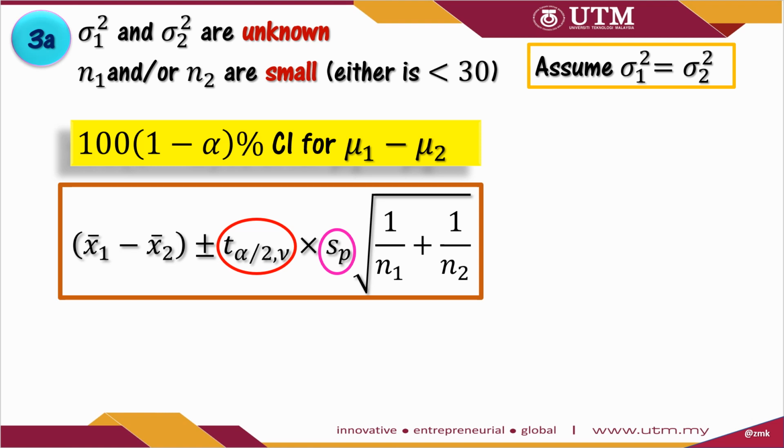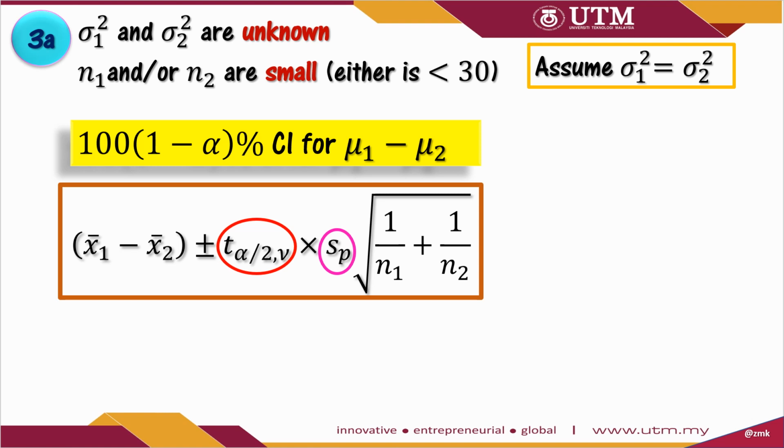As we know, we changed the z-score to the t-score because first, the population variances are unknown, and second, the sample sizes are small. Now, how do we have Sp here? We can recall case 2a, where we had the same assumption on equality of population variances, and we used the pooled variance Sp squared to estimate sigma 1 squared and sigma 2 squared.